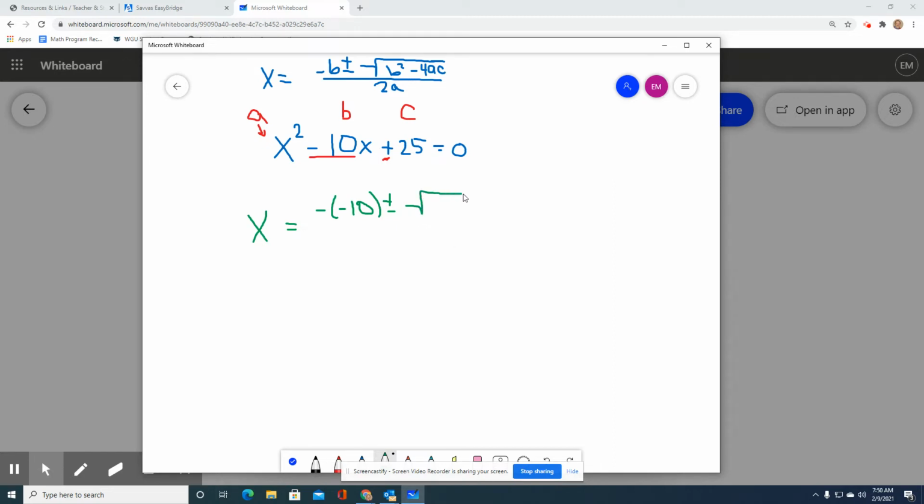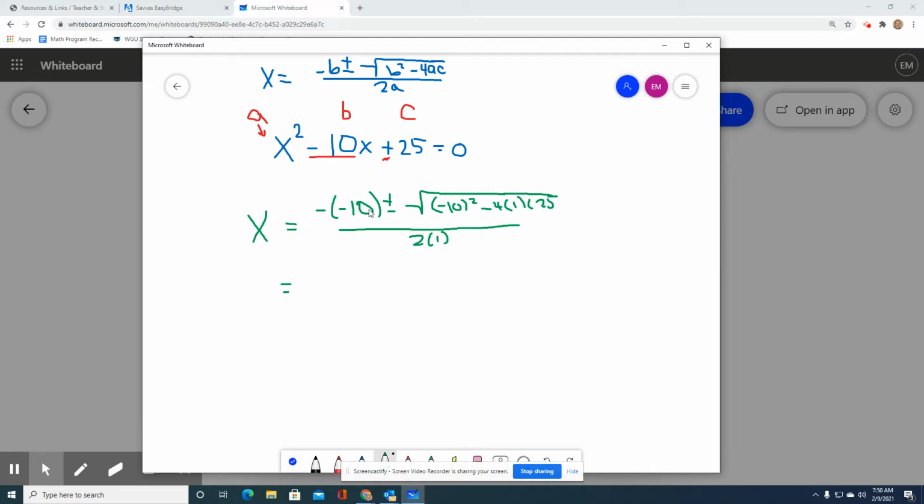And we want the square root of b squared, which is negative 10 squared, minus 4 times a is 1, and c is positive 25, all divided by 2 times 1.